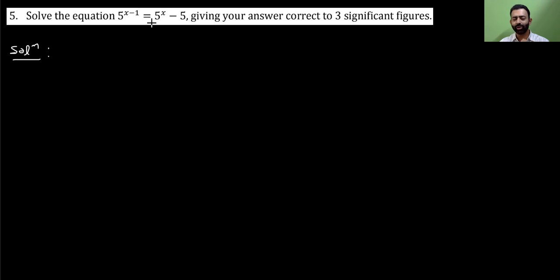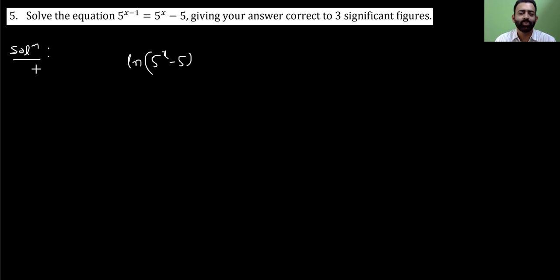So if you apply ln of 5 raised to power x minus 5 in the bracket, you cannot separate this, because log of a minus b is not log a minus log b, right? So this 5 raised to power x variable you cannot combine with the variable in the LHS.